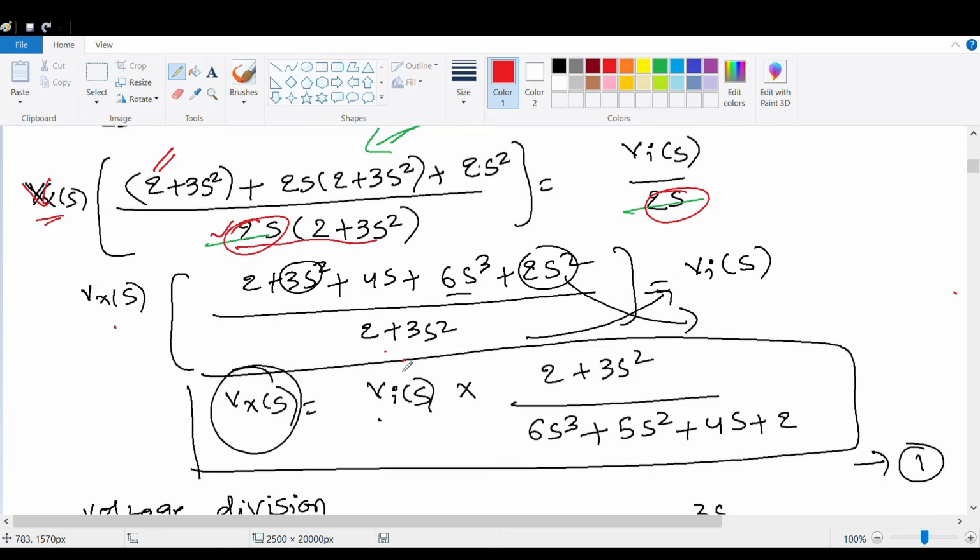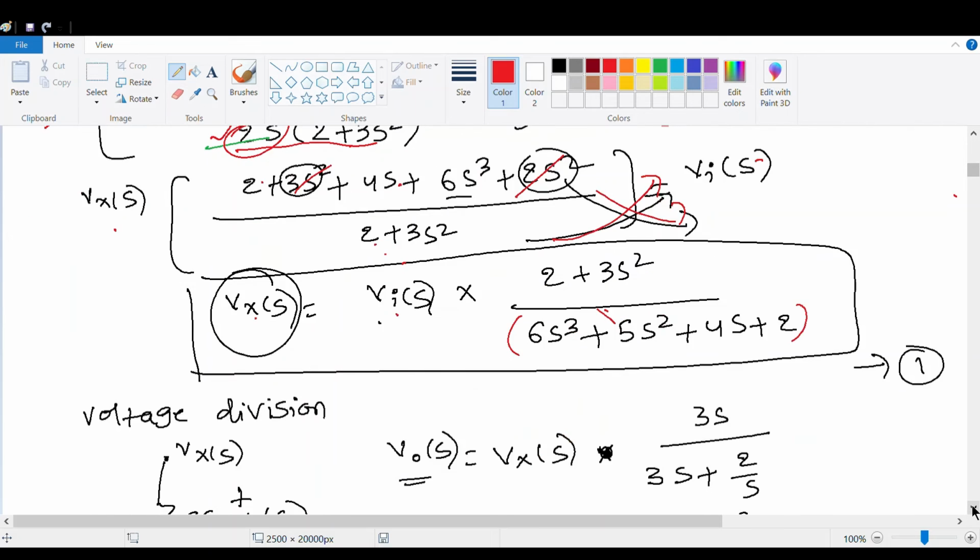After that 2 plus 3s square, so 2 plus 3s square plus 4s plus 6s cube plus 2s square into Vi of s. Therefore Vx of s, moving to the right hand side, is equal to Vi of s into 2 plus 3s square in the numerator and this one in the denominator. I just added the square terms and arranged in order. This is equation number 1.